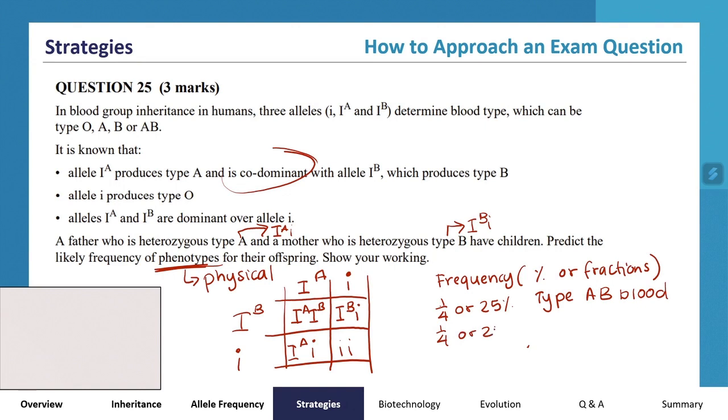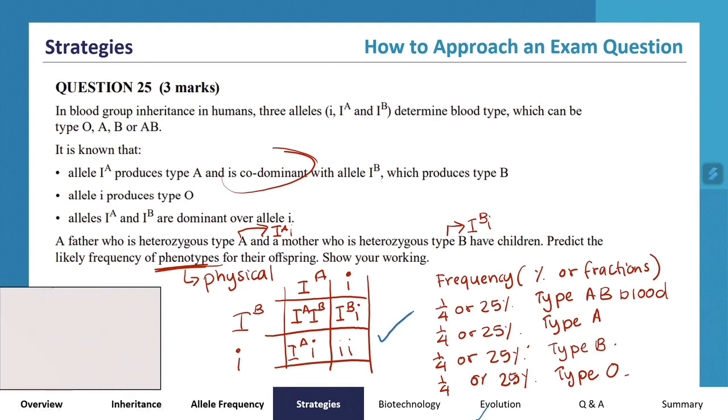1/4 or 25% type A only, 1/4 or 25% type B, and 1/4 or 25% type O. And you get 1 mark for giving all of the Punnett square correctly, 1 mark for stating the correct frequencies, and 1 mark for making sure that you're linking the frequencies to the phenotype and not the genotype.